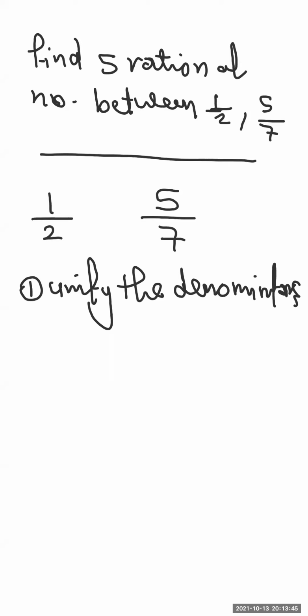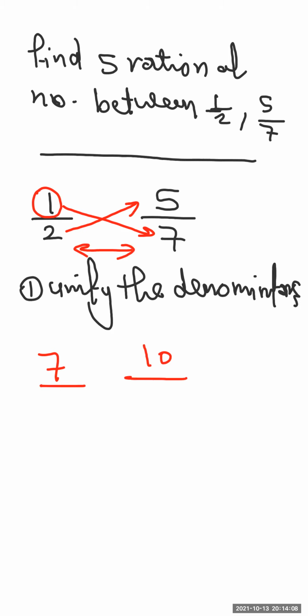So here we have to use the common denominator for the two fractions. So it's 1 over 2 and 5 over 7. Simply, guys, the easiest method is to do like that. 1 times 7, it will be 7 over. And the other number is 5 times 2, it will be 10 over 7 times 2, it's 14. Right?